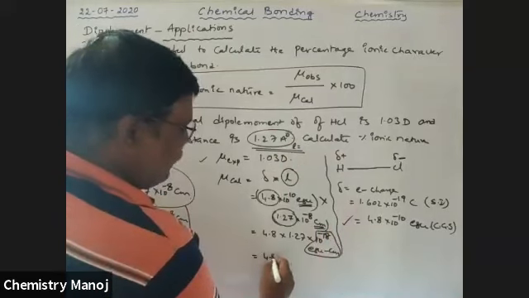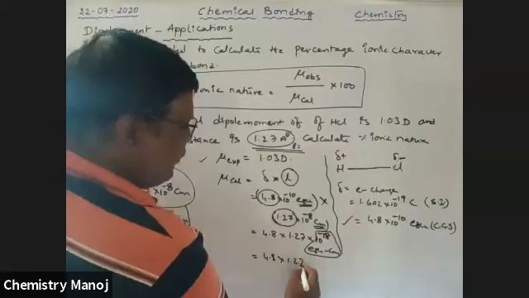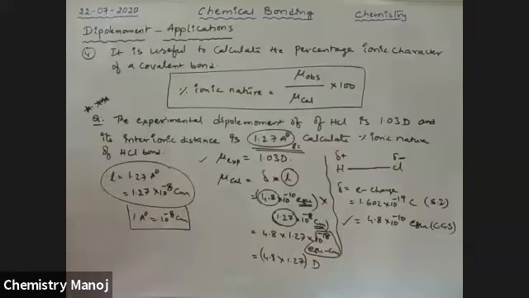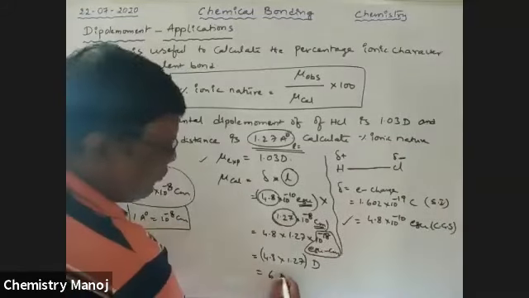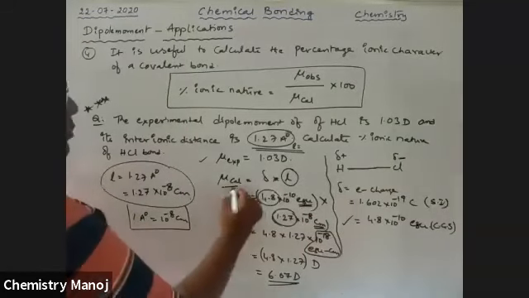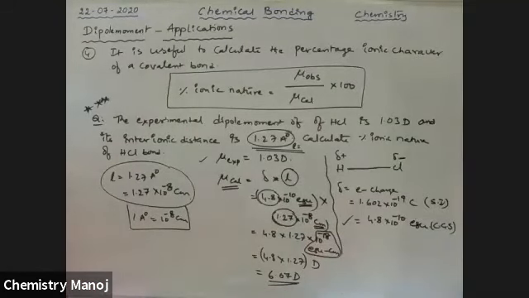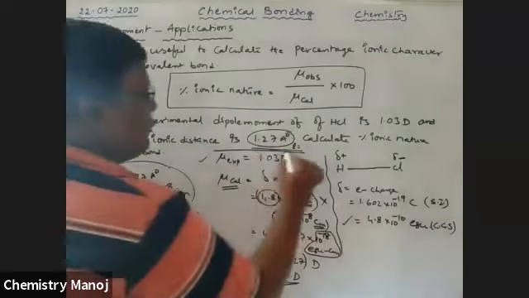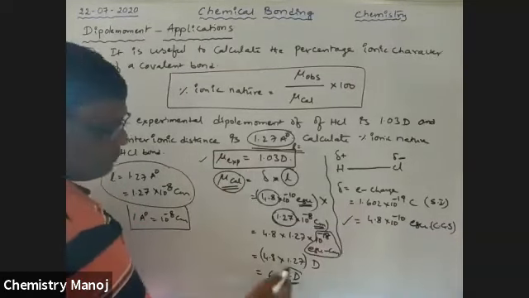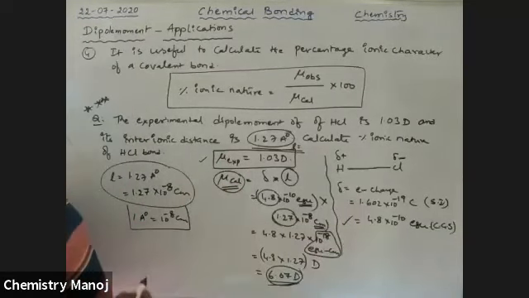Therefore 4.8 into 1.27 debye, that is equal to 6.07 debye. This is the calculated mu value, boys, and this is the experimental mu value. Use these two mu values.